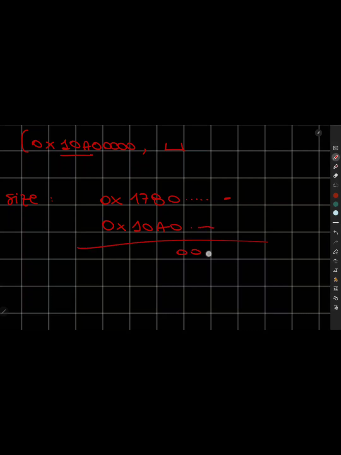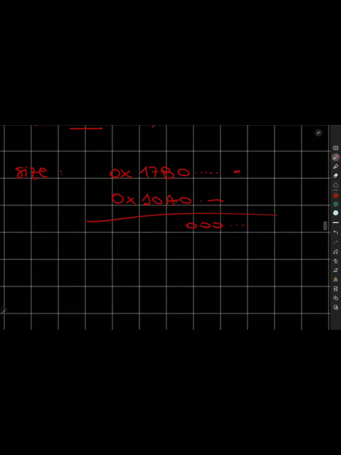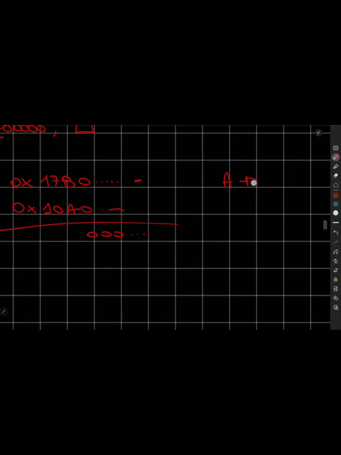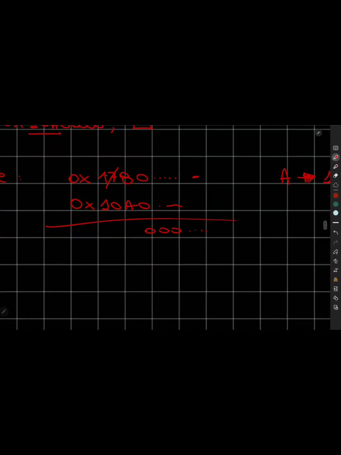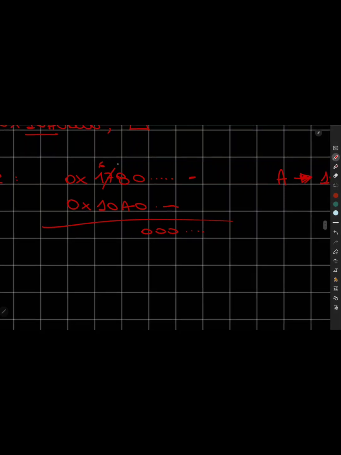So here we have a lot of zeros, and we have to do 8 minus A. A in hexadecimal is 10, so I cannot do this. I have to borrow from this other position, and here I will have 16 plus 8, which is equal to 24.